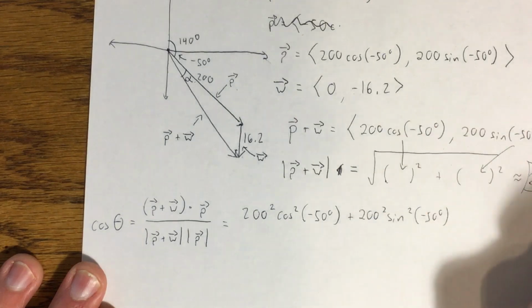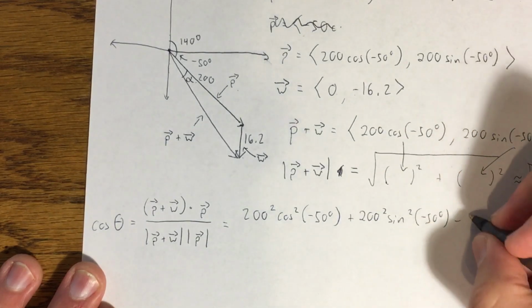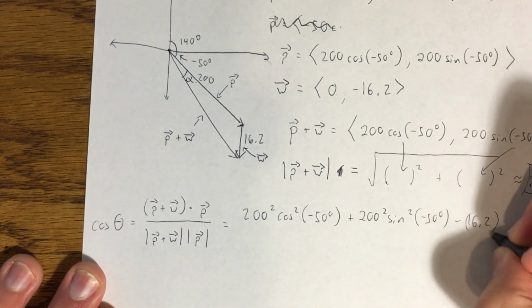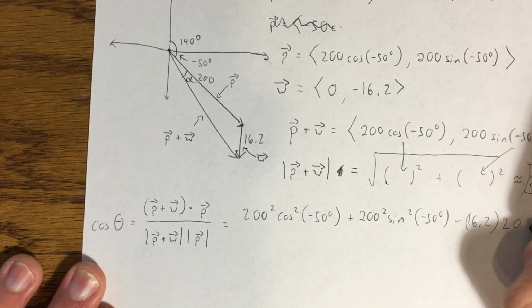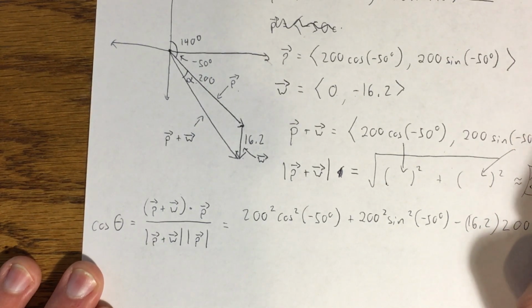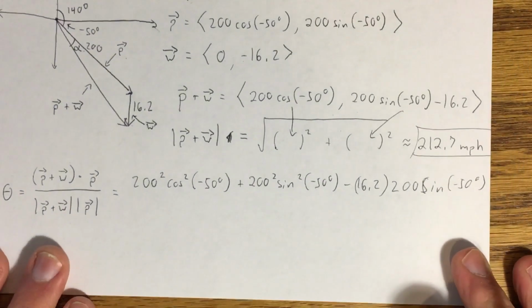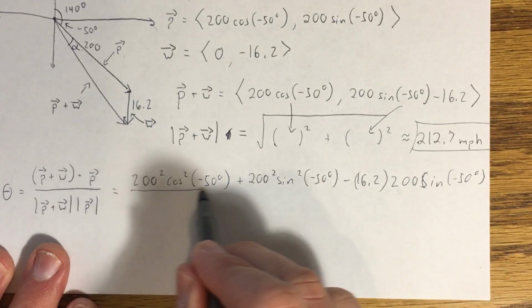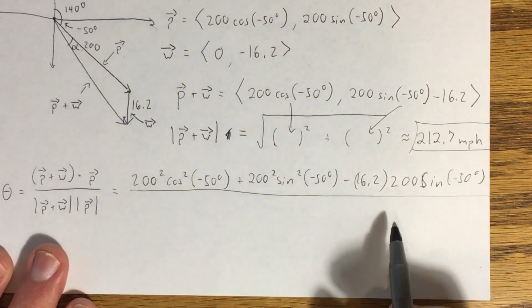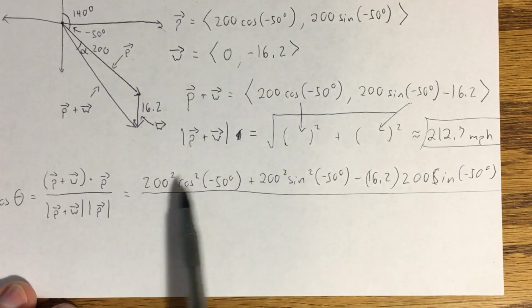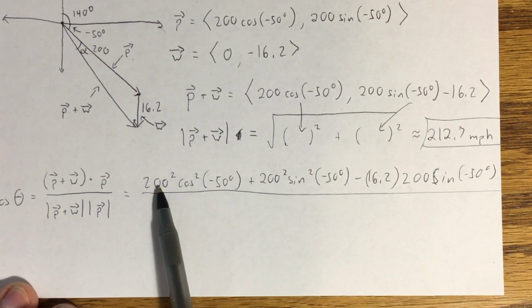Then I have to multiply negative 16, so minus 16.2 times 200 sine of negative 50 degrees. So it looks like a big mess. But again, this is all going to a calculator. You can actually simplify this a great deal by factoring the 200 squared out.